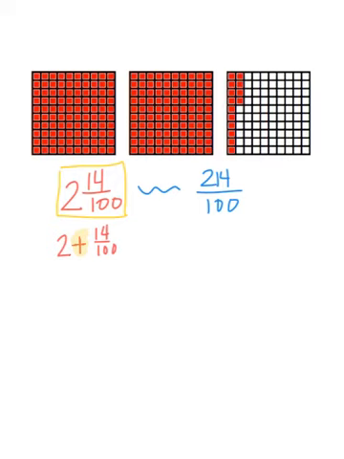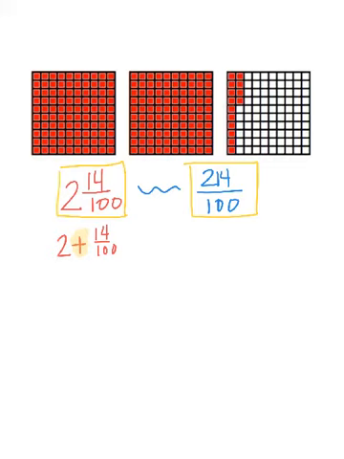Now the correct way to say this one is just 214 hundredths. There's no and in there. The and is a plus sign, which would tell me I'm dealing with a mixed number. So you have to be careful when you're reading numbers to not place the word and in a number where it doesn't belong, right?